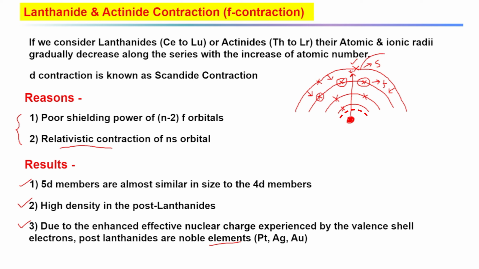So it is difficult to remove these valence electrons in the case of noble elements, and that's why they are not reactive. Now, a reaction is nothing but an exchange of electrons. Because the attraction is more, the electron will not easily get lost or exchanged. So that's why these elements are called noble elements.